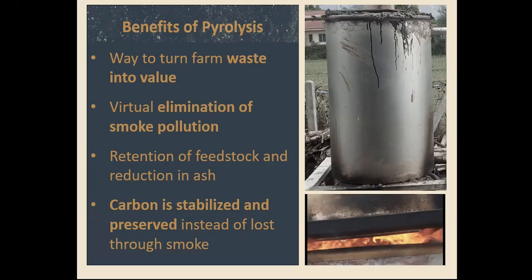So doing this process of pyrolysis, it's a way to keep that carbon and keep it stable, and that way we can use it for different things instead of losing it. Instead of losing our carbon and nutrients to the atmosphere, we can keep it on our farm and use it for soil amendment, water filtration, potting mixes, different things that we'll talk about.